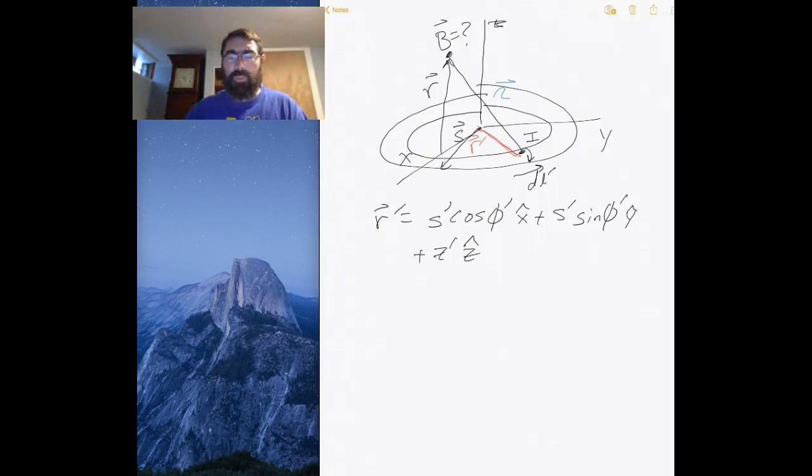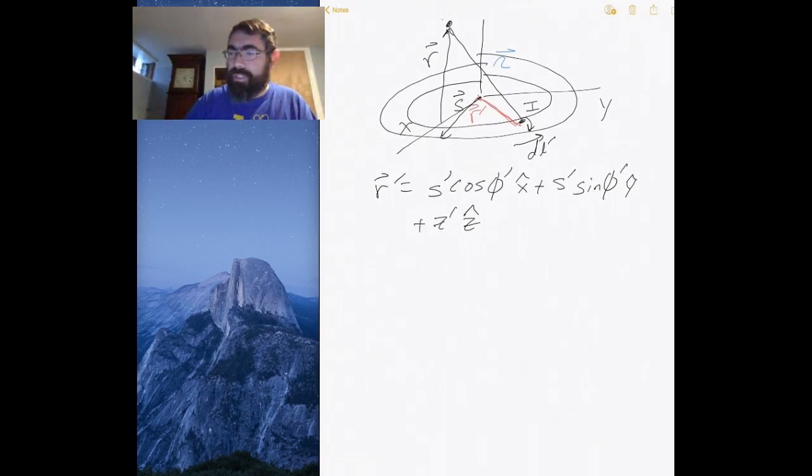The vector for where I'm measuring it, r, is going to be x prime plus z prime.